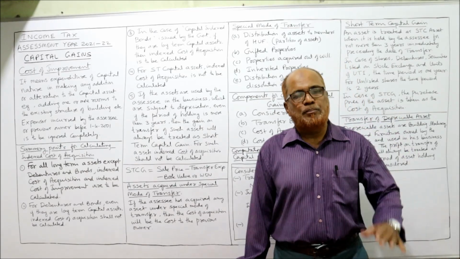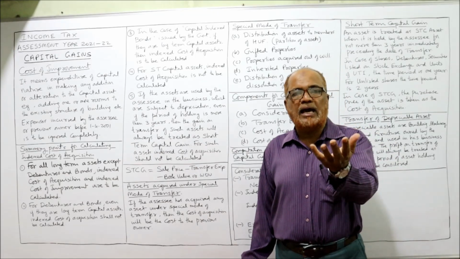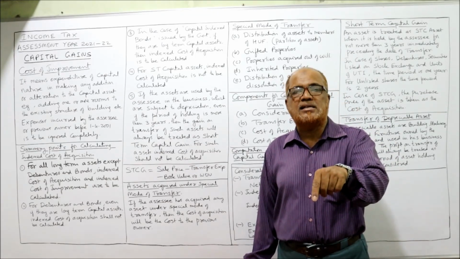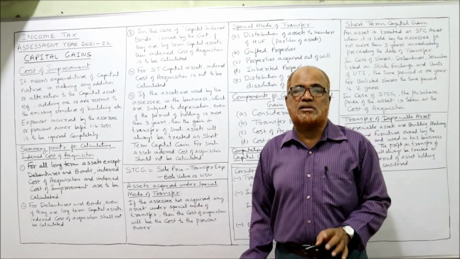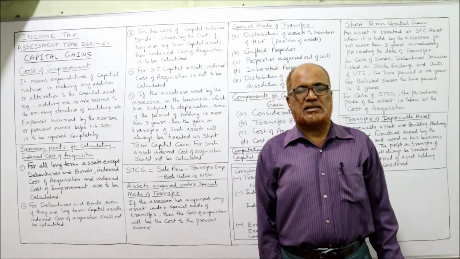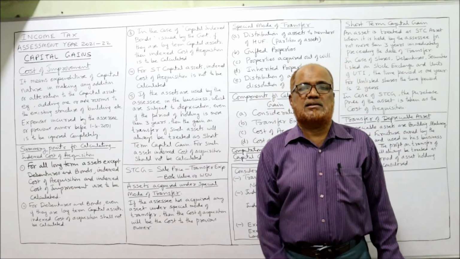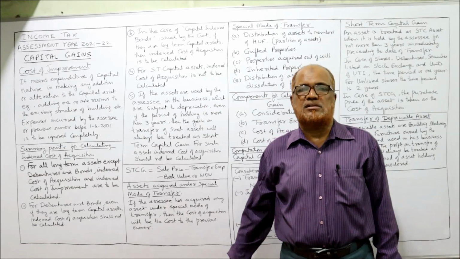Very important point, in problems we'll come across this point. If an assessee is holding an asset which is a depreciable asset used in the business. So three conditions. First of all, the assessee is holding the asset. Secondly, the asset is a depreciable asset. Third one, the asset is used in the business.